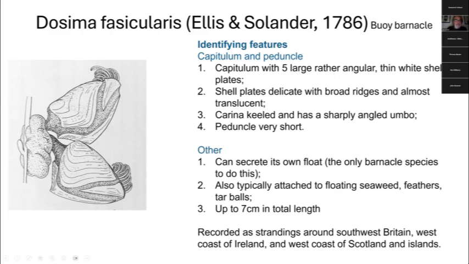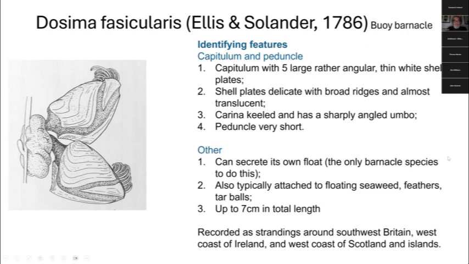Here's the peduncle attaching it to the piece of flotsam that this one's attached to. So this species has 5 large, rather angular, very thin, translucent white shell plates. So they're very delicate looking.